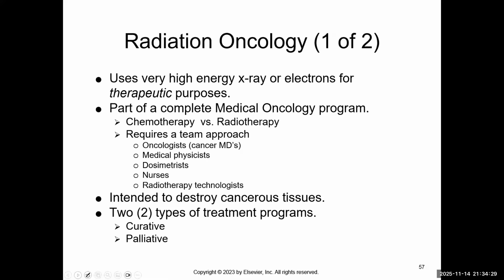The team also consists of a dosimetrist, which is a field that therapists can move into. Dosimetrists basically calculate the correct dose, and they also plan the angles of the beams that the therapists need to use.